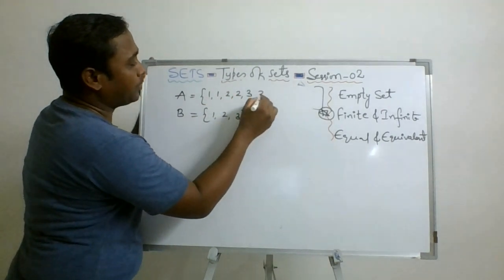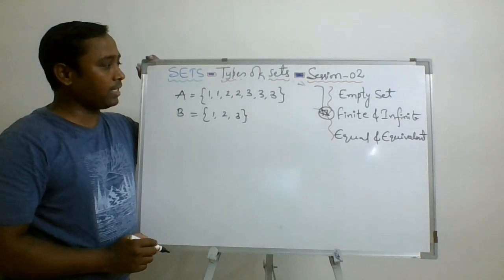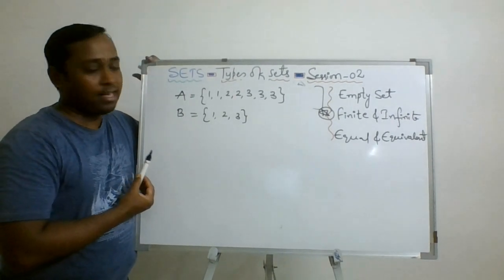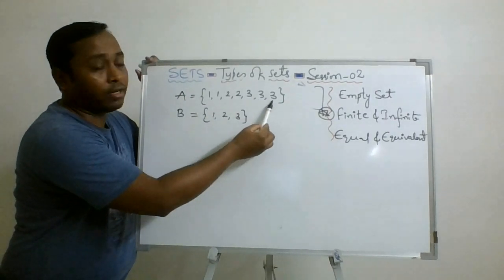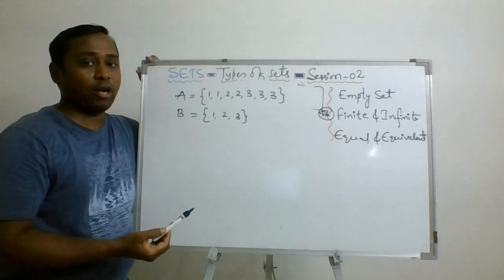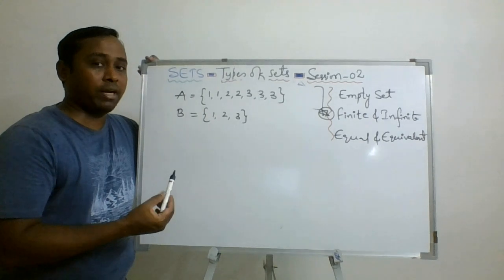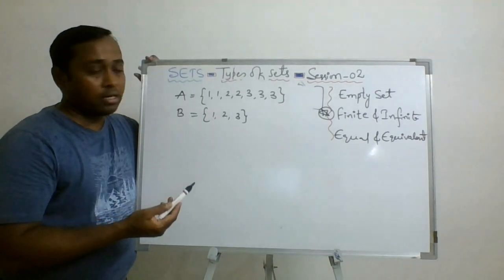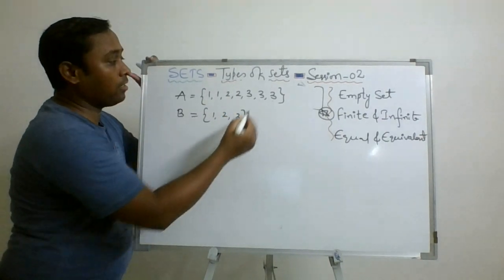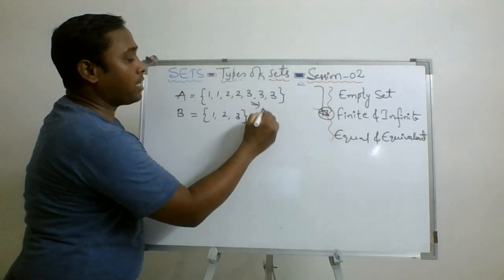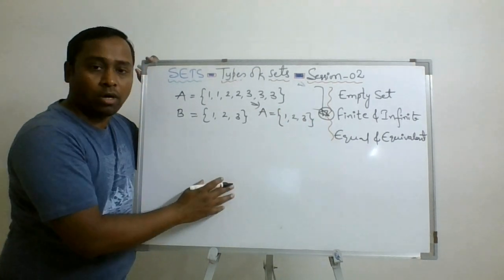Now think about the number of elements in set A. How many elements does set A have? Usually by counting you would say 1, 2, 3, 4, 5, 6, 7, but in set theory language repetition is not allowed. Repetition of an element has no use at all, it's senseless. Hence we need to strike out the repeated elements. So what is the exact number of elements? The set has 1, 2, 3 only.